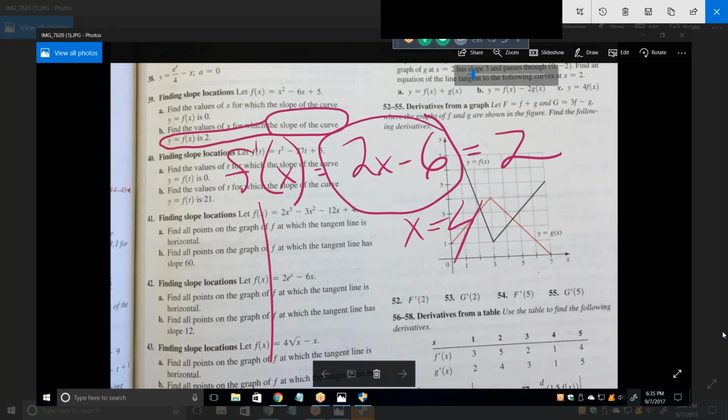If I go back and look at my curve and go to x equals 4, I will see a positive slope of 2, like that. And notice that at x equals 3, the slope of the tangent line was 0. That's what this is trying to get at.